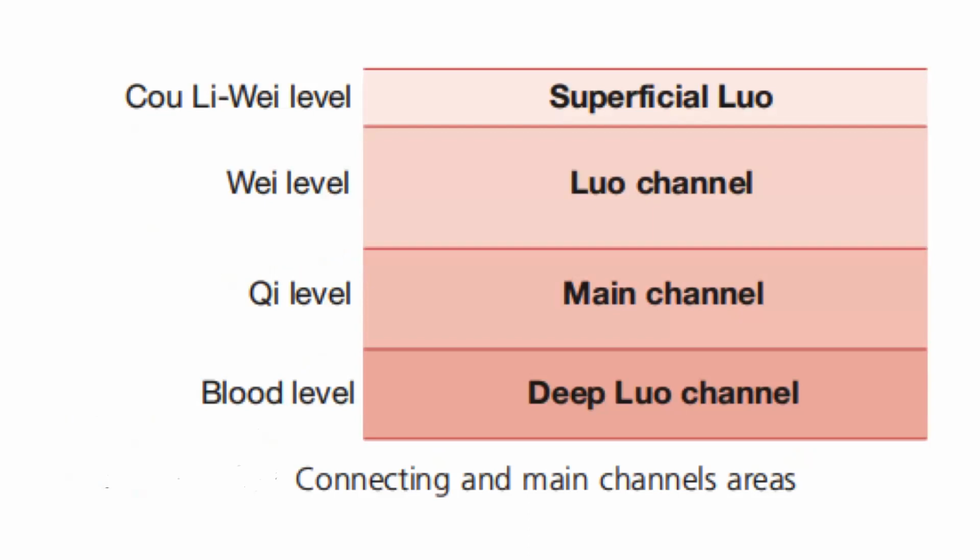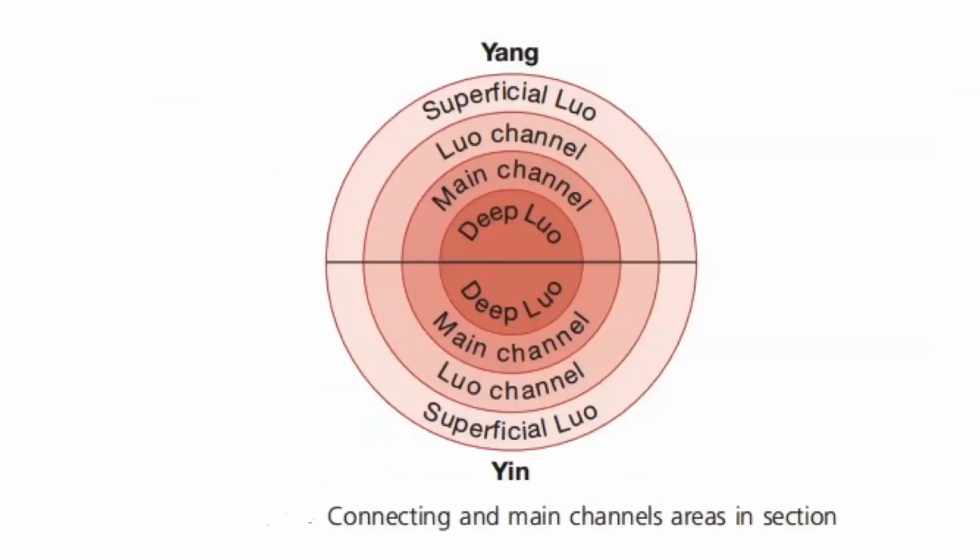This is a table showing where we can find the channels according to the 4 levels. At the Wei level, it's the superficial LU, the connecting area. At the Ying level, it's the LU channel. At the Qi level, it's on the main channel, and at the blood level, it's a deep LU channel.